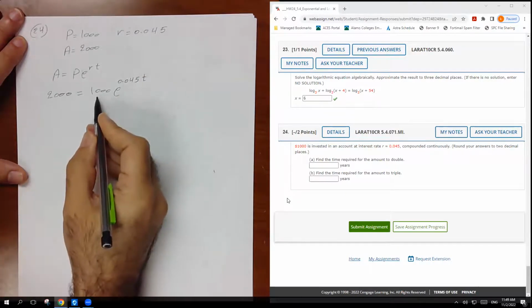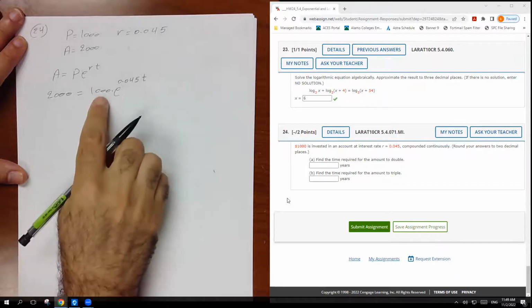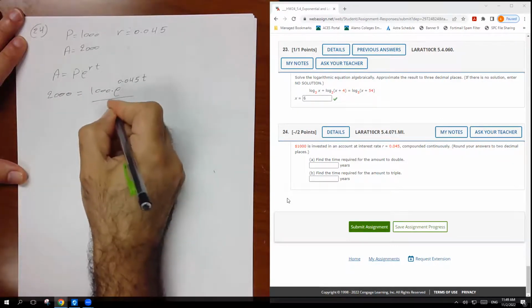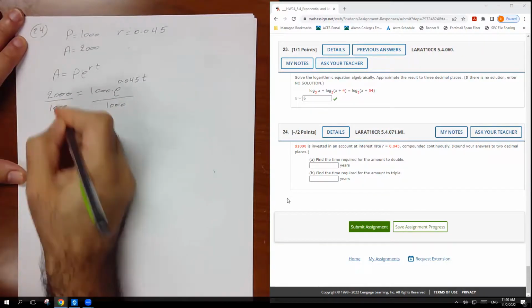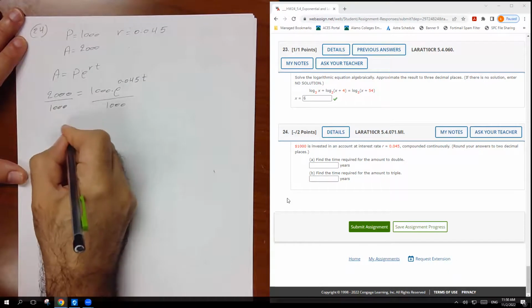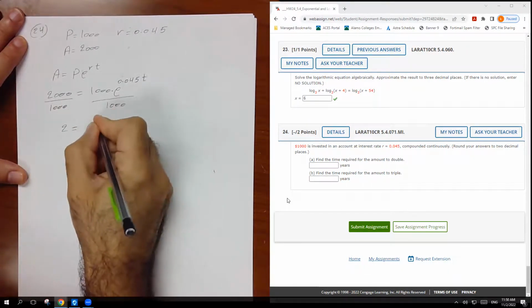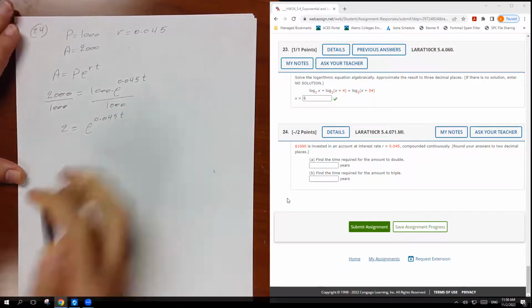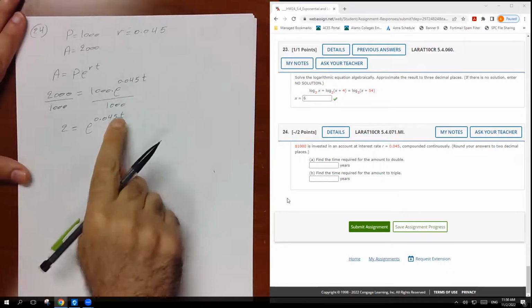Now, there's a number with the exponent, so we're going to cancel this one by dividing both sides by 1,000. That means 2 is going to be equal to e to the exponent 0.045 t.